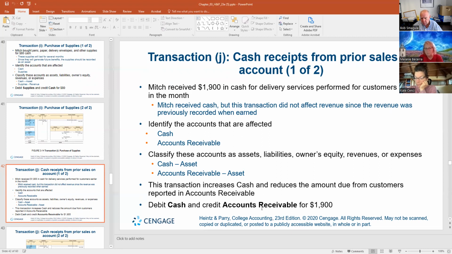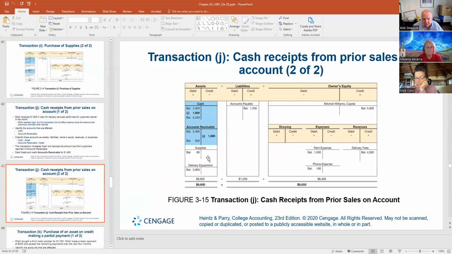So whoever this customer was, he paid $1,900. We're going to debit cash to increase it and credit accounts receivable to decrease it. It's just an exchange of assets, if you will. And here's the exchange here. Cash went up with a debit of 1,900. Accounts receivable went down 1,900, leaving a balance there of $500.